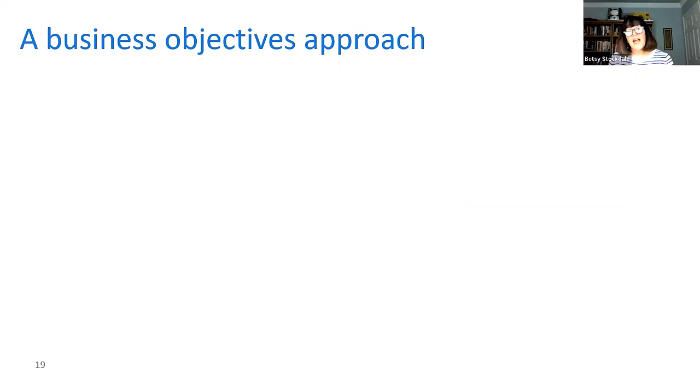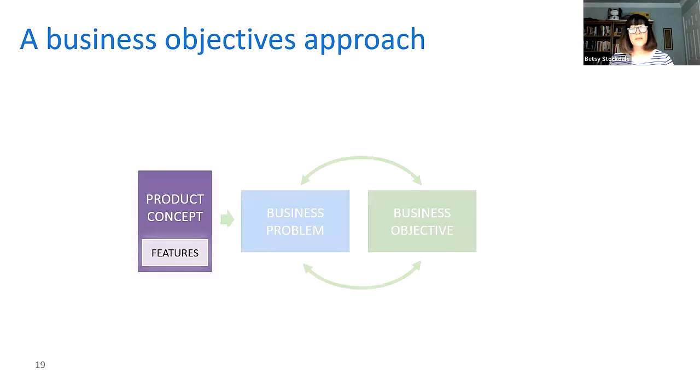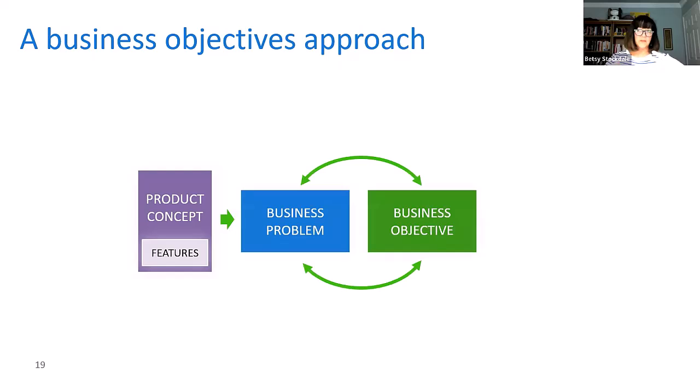And so we're asking, why is that a problem? So I've got my product concept, and I've got a whole list of features that this product needs to have. Now what I'm doing is going back, and it's an iterative process, going back and forth and understanding what problems the existing software has today.